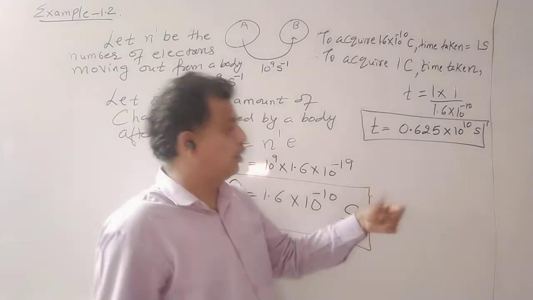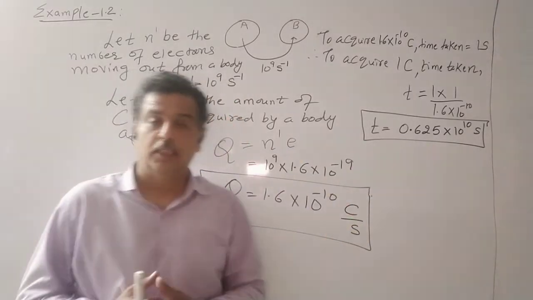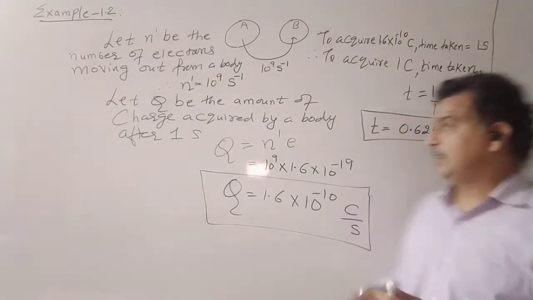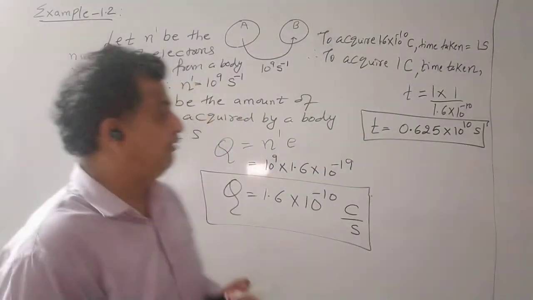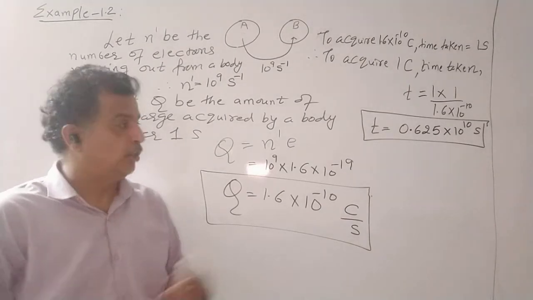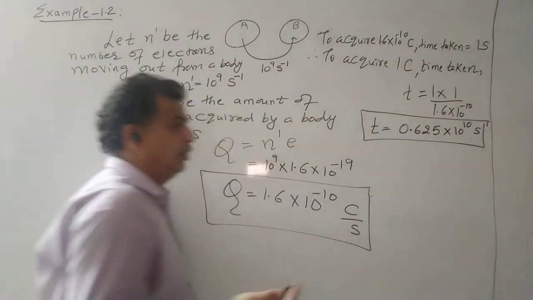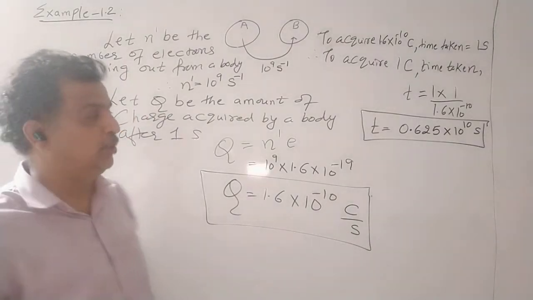Now if we want to convert this into years, that is what is converted in the book. So this is in seconds. If they ask you an MCQ and the options are in years, you can easily convert this.